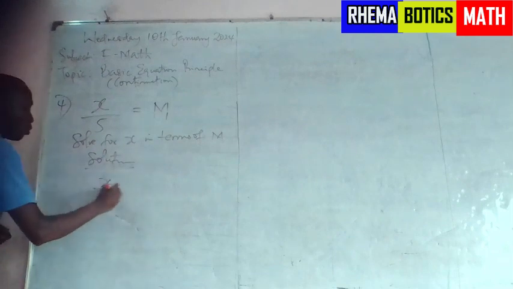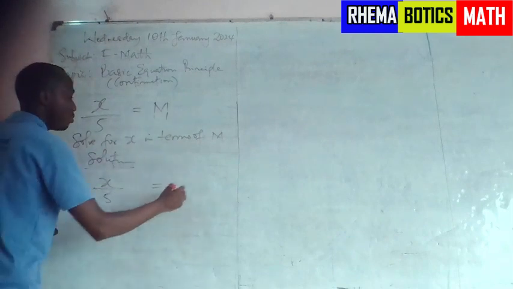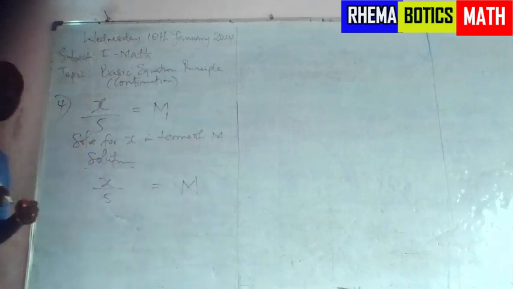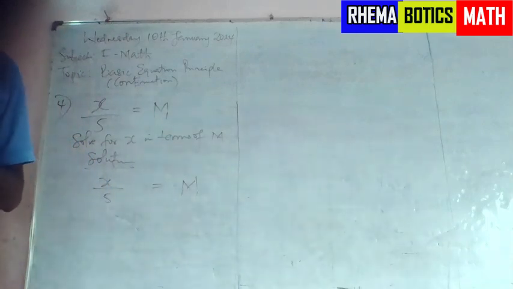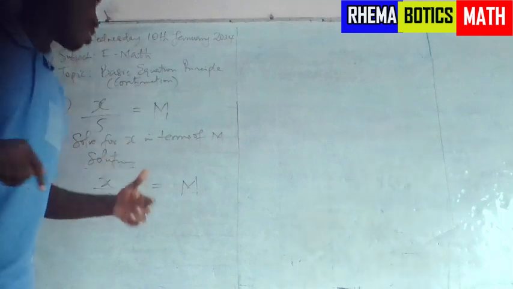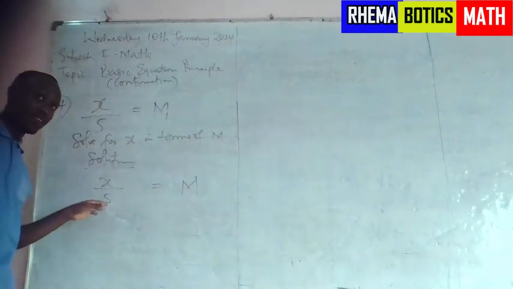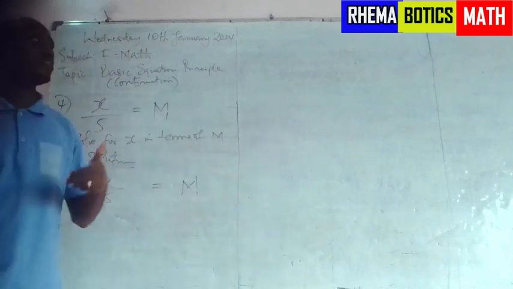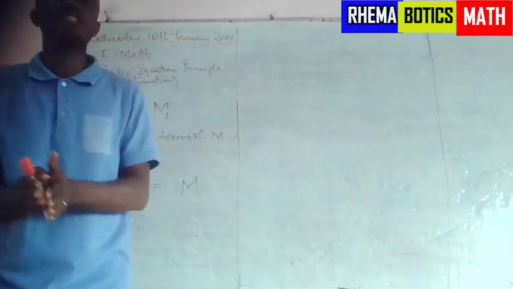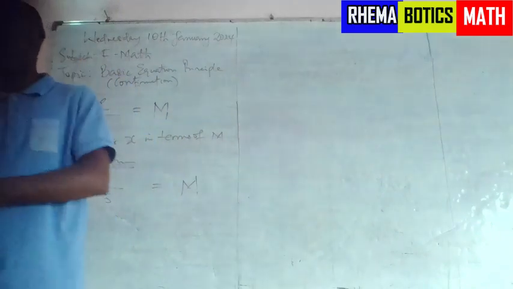Now let me look for the multiplicative inverse. If you have questions when I'm done, you can ask. Now let me look for the multiplicative inverse of divided by 5. When we did additive inverse, the additive inverse of plus 5 is minus 5, right?